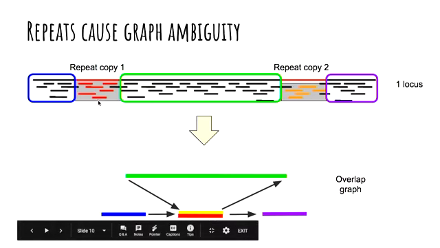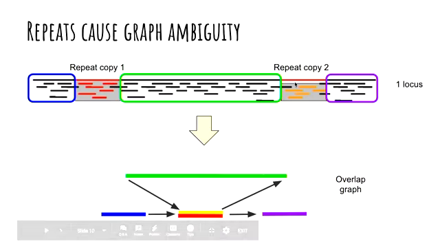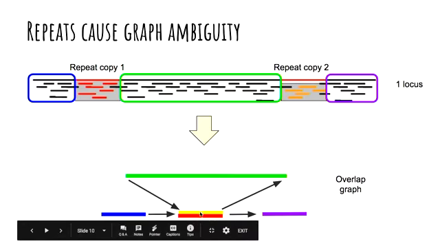When the computer goes to find the overlaps between all these red reads and all these yellow reads, it says, yeah, look, they all overlap. Because the original DNA is a copy of one another, all the little reads from there will all overlap one another. And so the computer lumps them together and we get this bit here. And so when it walks through to pull out contigs, we get 1, 2, 3, 4.